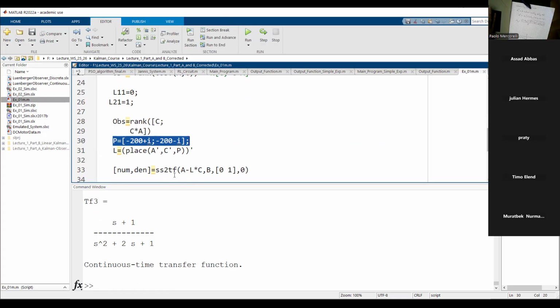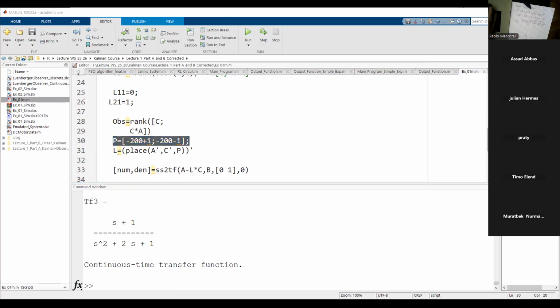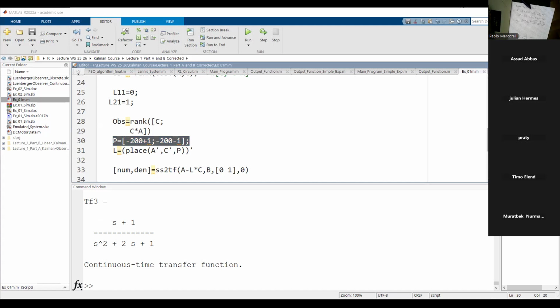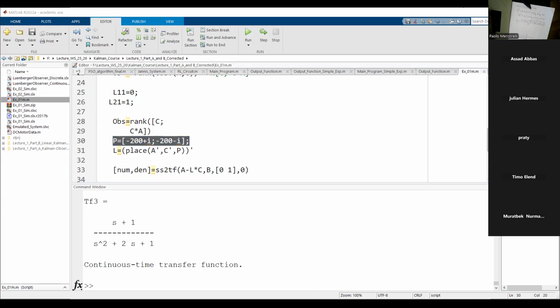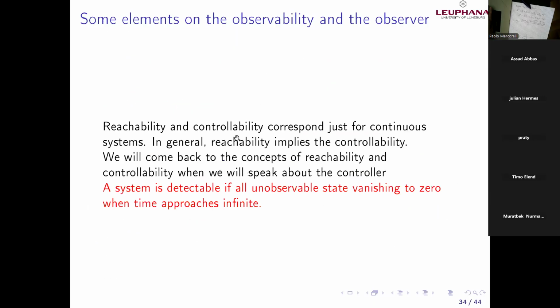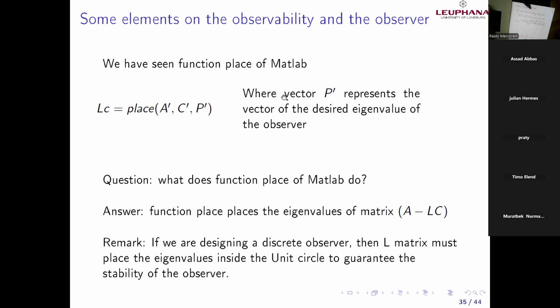If you look at the lecture, you can see, or if you type help place in the command window, but let me come back here. Remember I tried to explain a little bit also this slide, where vector P transposed, about the transpose, is in general a little bit difficult to explain.